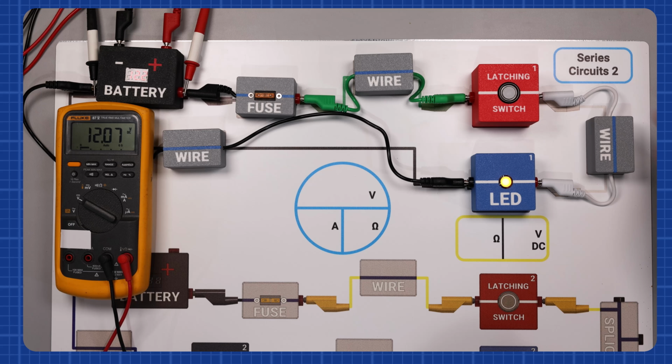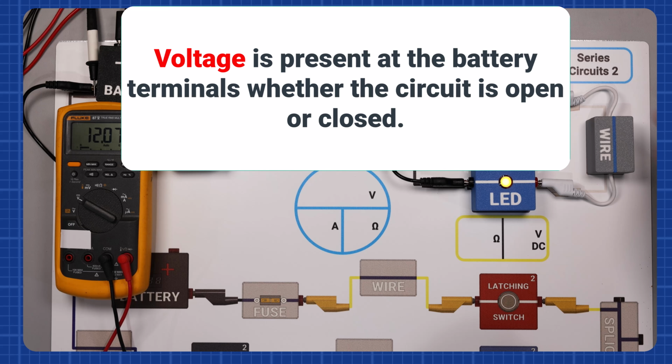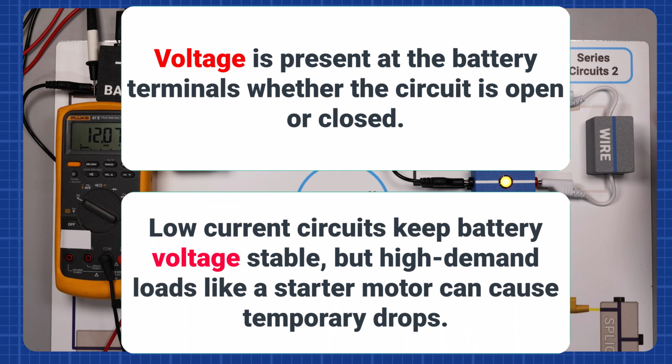This demonstration illustrates two key points about voltage. Voltage is present at the battery terminals whether the circuit is open or closed. In circuits with low current demands, the battery voltage remains stable and does not change significantly.